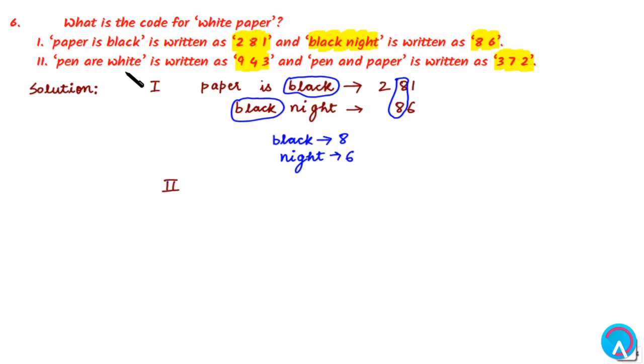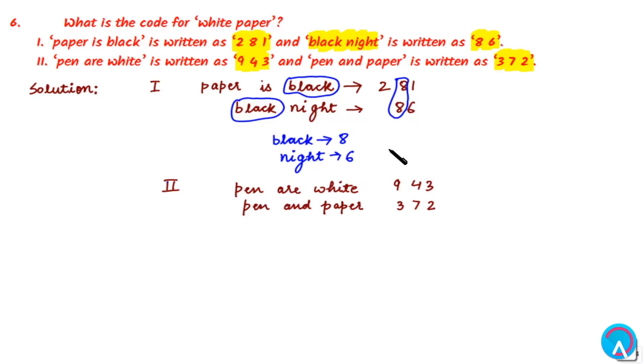According to the second statement, pen are white is written as 943. So pen are white, this we are getting from the second statement, is written as 943, and also pen and paper is written as 372.